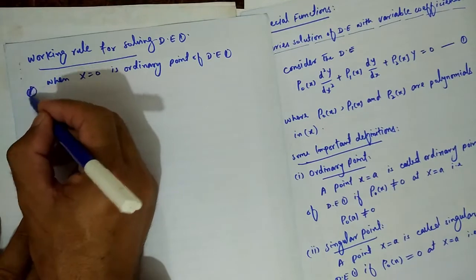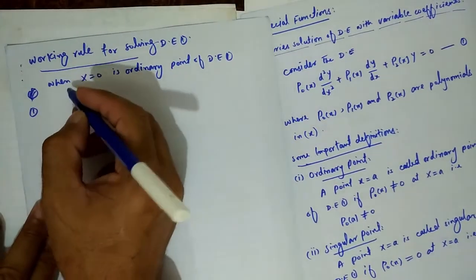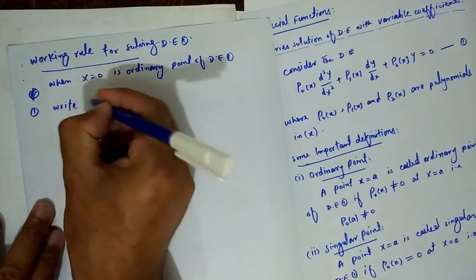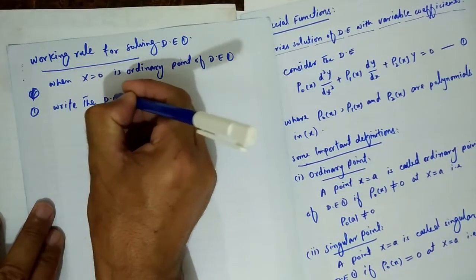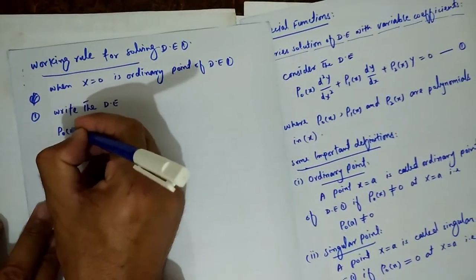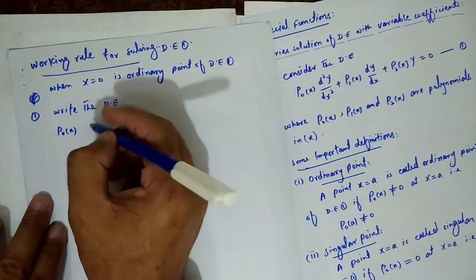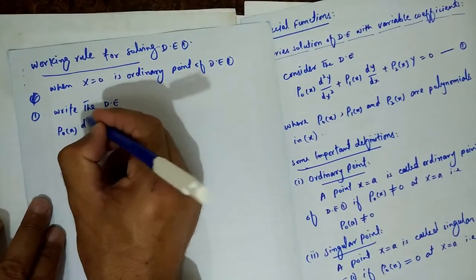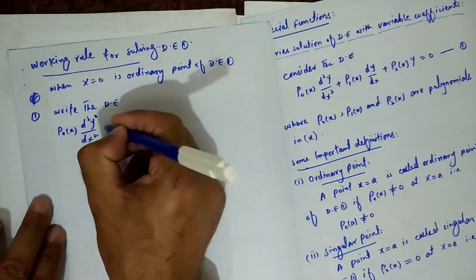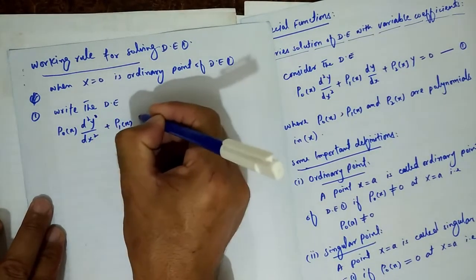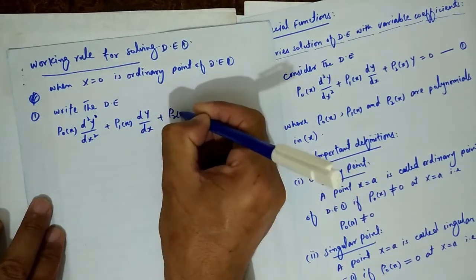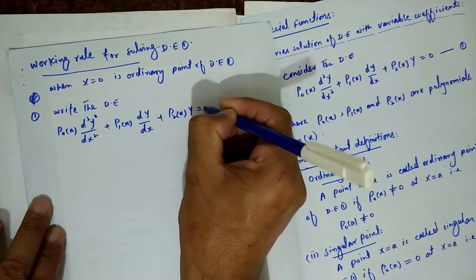In the first step, write the given differential equation, which is p naught of x d square y upon dx square plus p1 of x dy upon dx plus p2 of x into y, equal to 0.